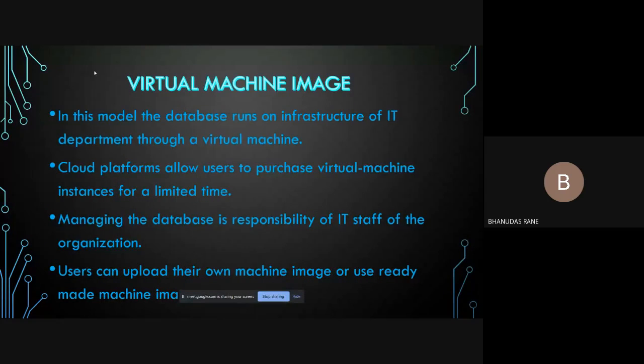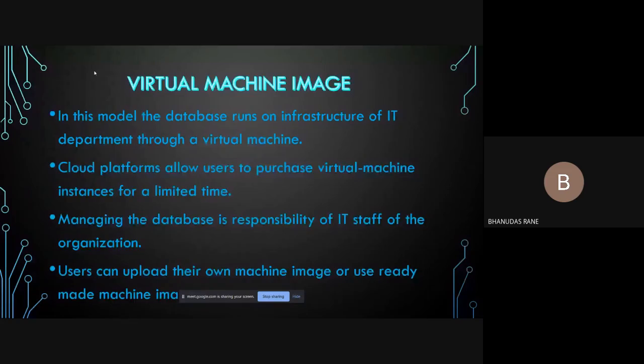Then managing the database is the responsibility of the IT staff of the organization. Users can upload their virtual machine image or use ready-made machine images. Means in virtual machine images, the IT staff are responsible for managing the database and all the virtual machine related management.